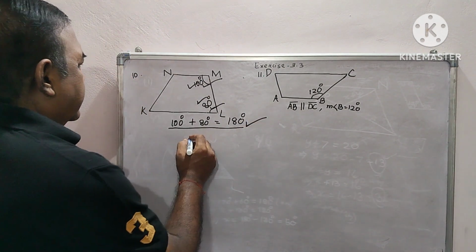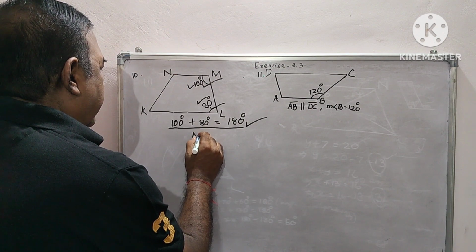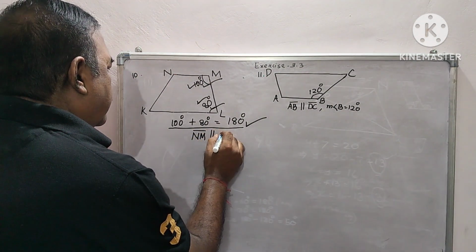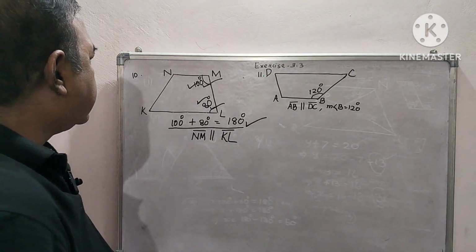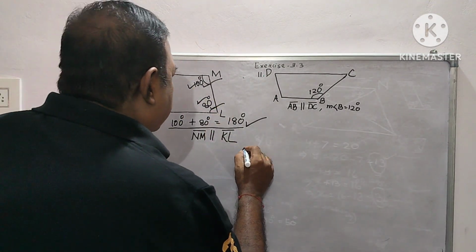So definitely NM is parallel to KL. Which side it has been asked? You see this side, already you know this.